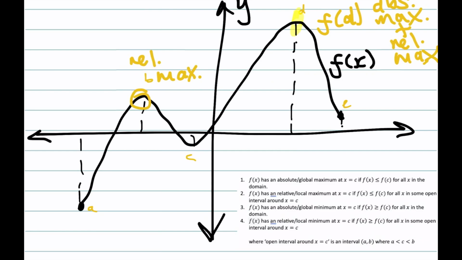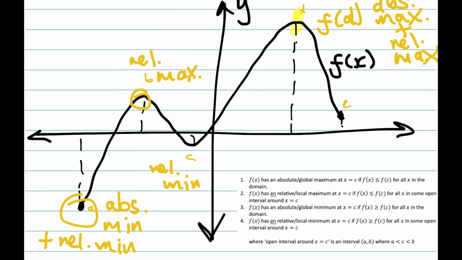We have x equals a on the leftmost side over here, and this is the lowest function value we have defined on this interval between a and e. So this is in fact our absolute minimum and similarly our relative minimum. At c, we have a relative minimum as well. And at e, we also have a relative minimum.